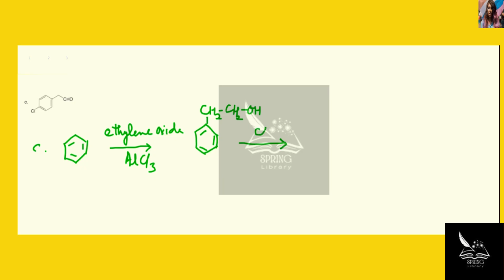So the compound formed is CH2CH2OH, and the halogen at the para position.